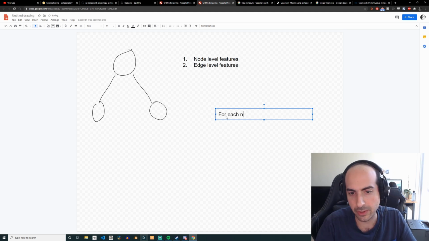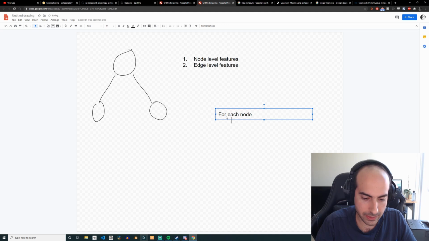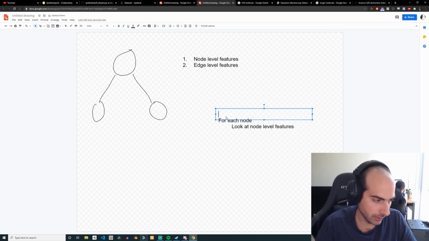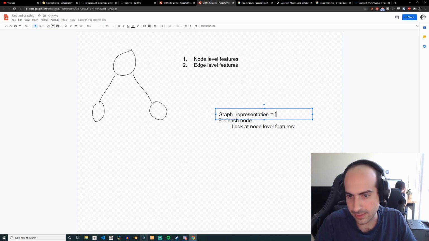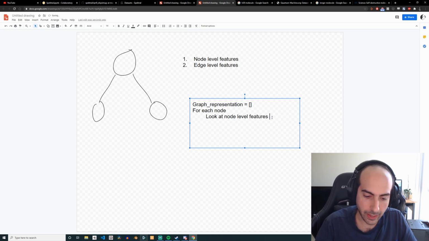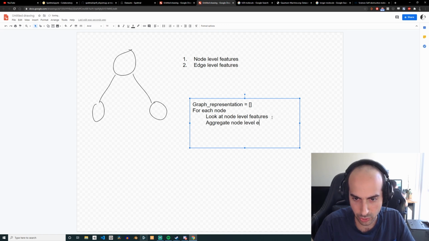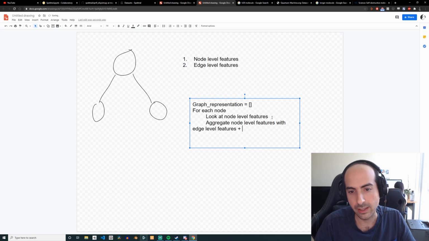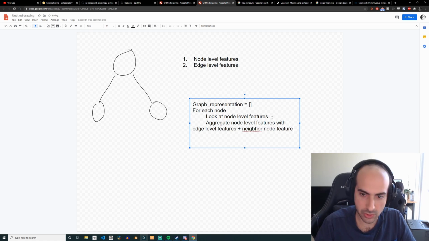So basically, first I'm going to create some sort of container, which I'll call the graph representation, and it's like a list. Then for each node, I'm going to look at the node level features and aggregate node level features with edge level features plus neighbor node features.